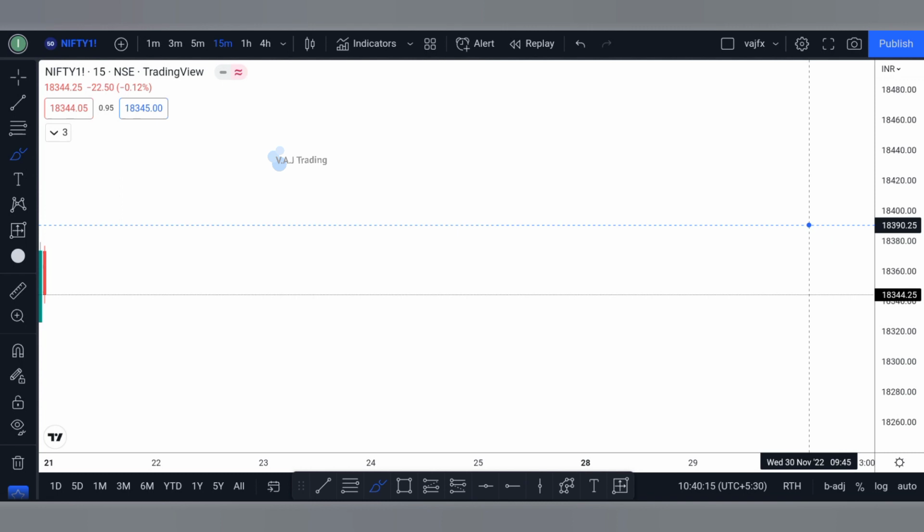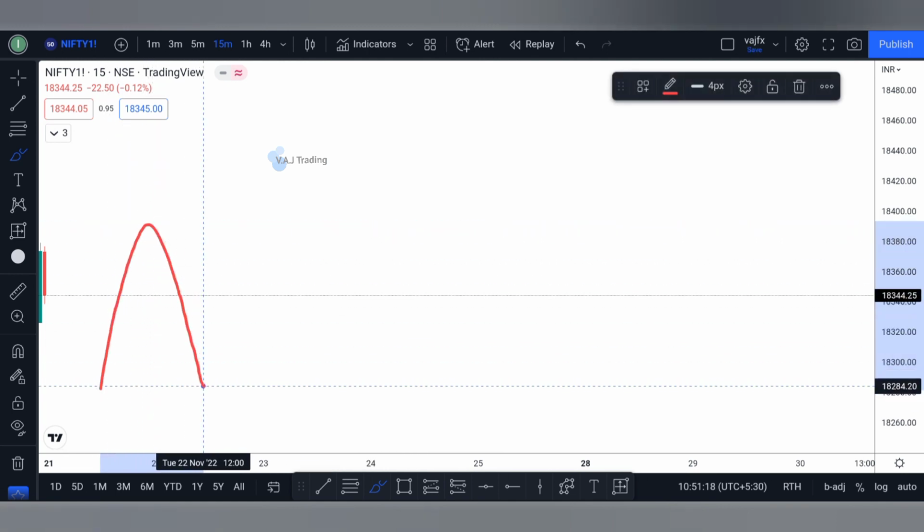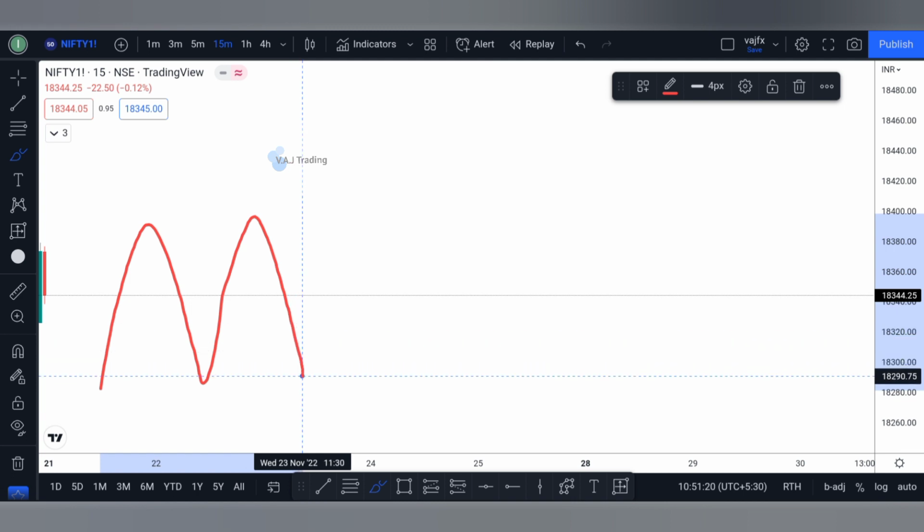Now I'm going to show you how to draw support and resistance and how to draw supply and demand. First, let's see what support and resistance is. Here the market went up, comes down, again went up, and again comes down.